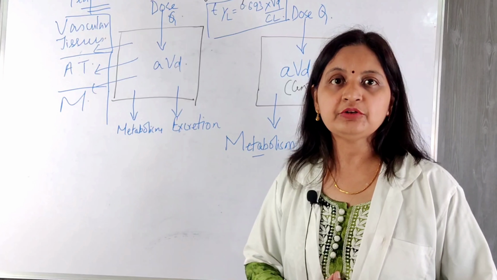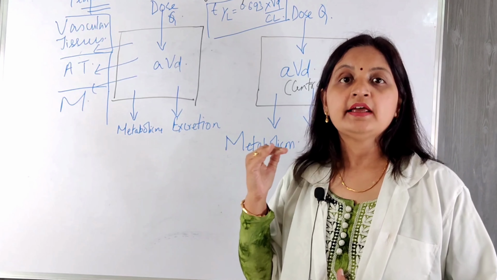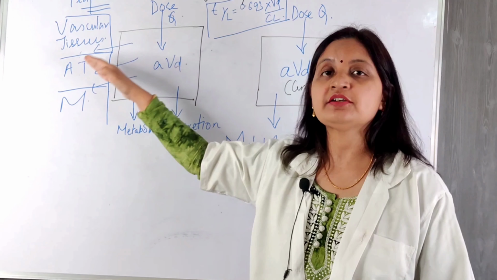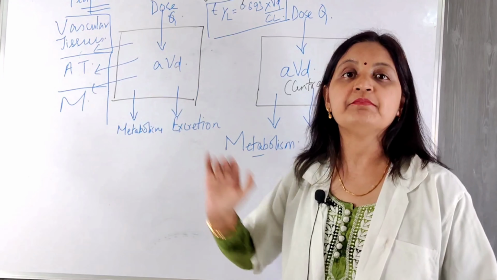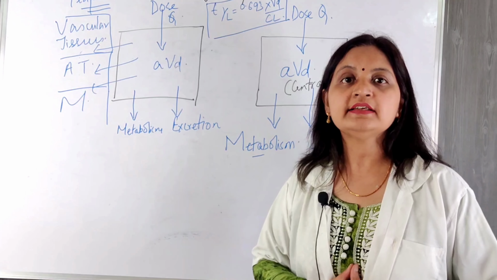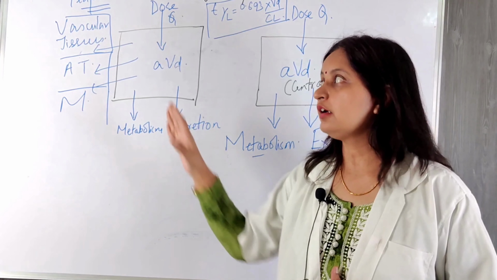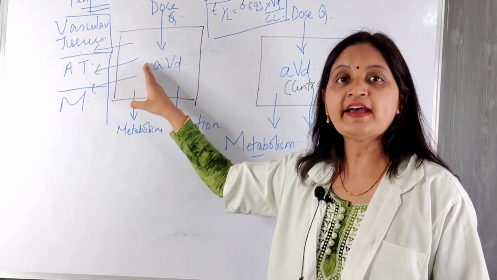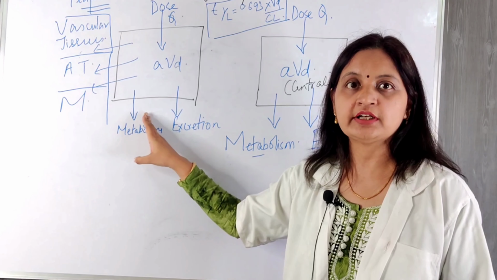Initially, when the drug enters into the compartment, the plasma concentration of the drug is high. Subsequently, the drug distributes into the extravascular tissues and this is seen as a rapid decline in plasma concentration and this is due to distribution. Later, the drug diffuses back into the vascular compartment and is slowly removed by elimination.